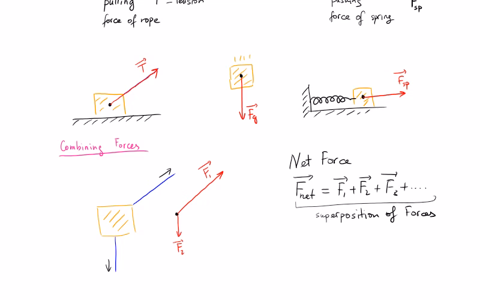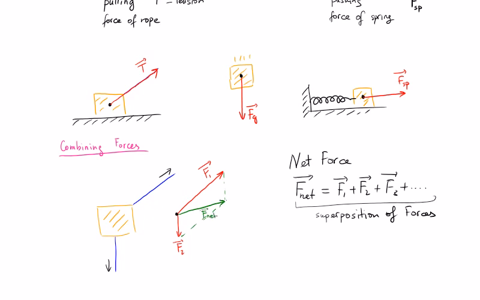Now going back to our example, we have two forces right here. Let me keep that space free because I want to graphically represent what the sum of the forces is. I can use the parallelogram method and find the net force, or resultant force, to be here, F net.